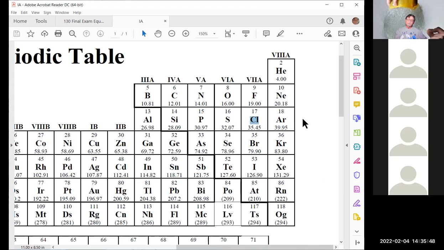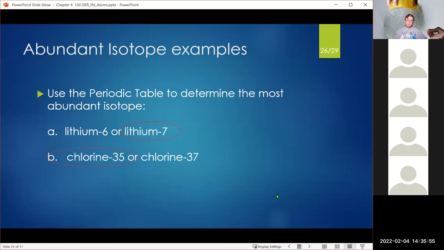So chlorine 35 is the most abundant isotope. So we can circle that one, okay? The difference between chlorine 35 and 37 is 2 neutrons. And 1 neutron for lithium 6 and lithium 7, okay?